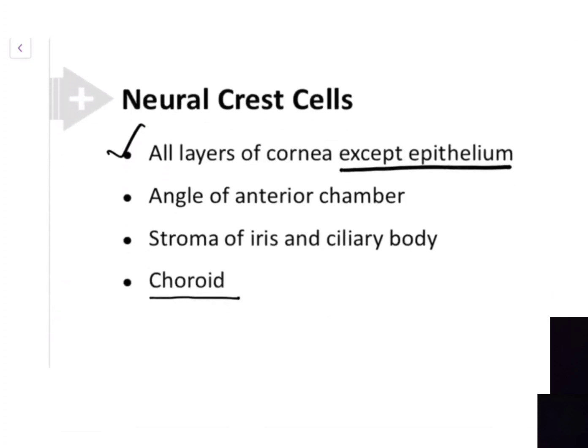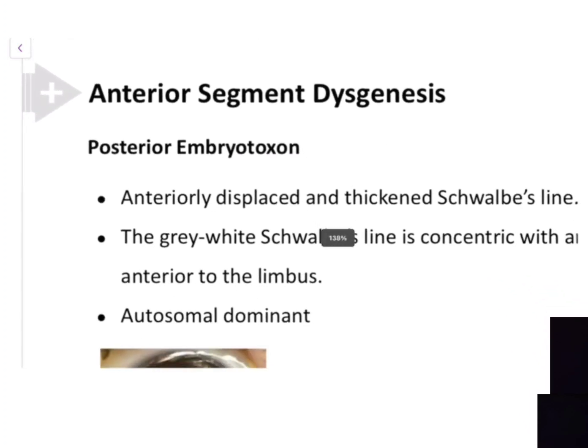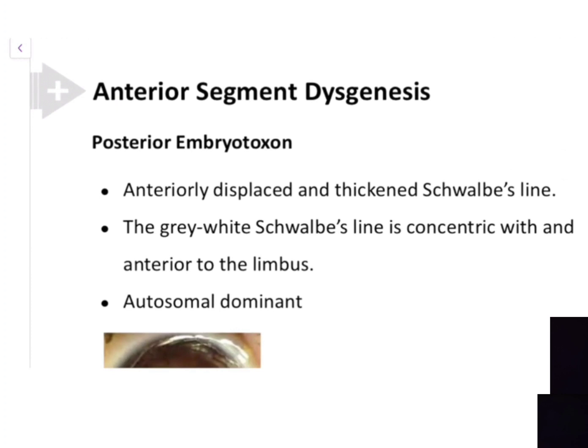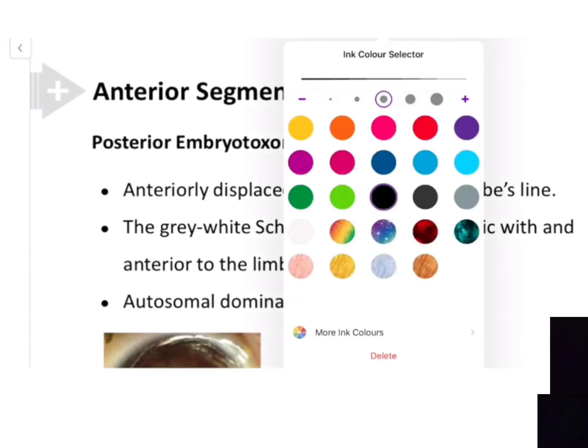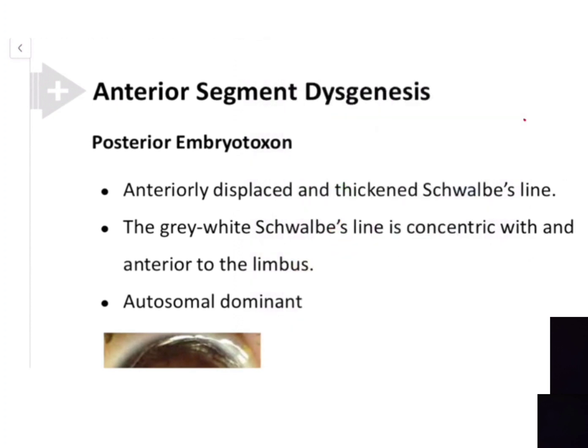So if there is a problem in the development, you essentially have a set of disorders which are called anterior segment dysgenesis disorders. This anterior segment dysgenesis is mainly because of a problem in the migration of the specialized cells, which I told you are the neural crest cells.